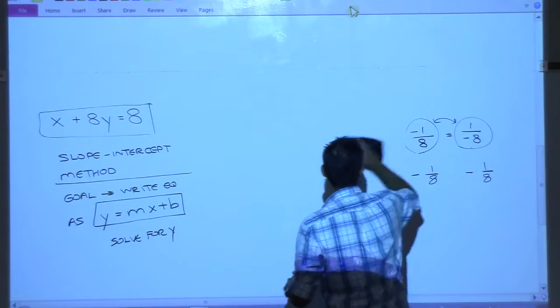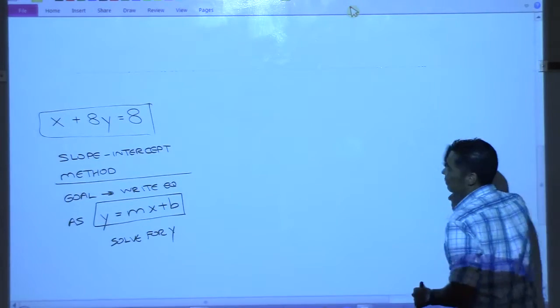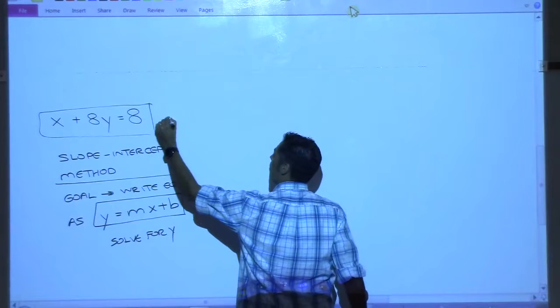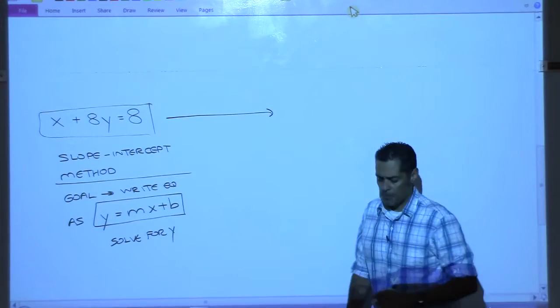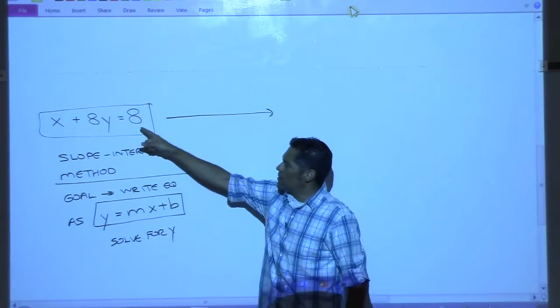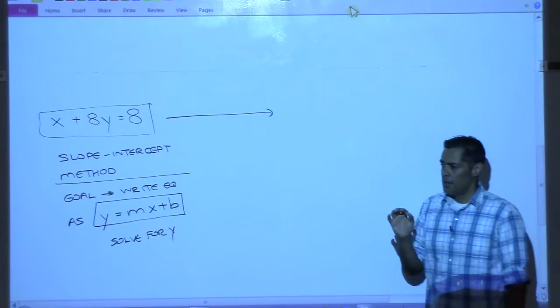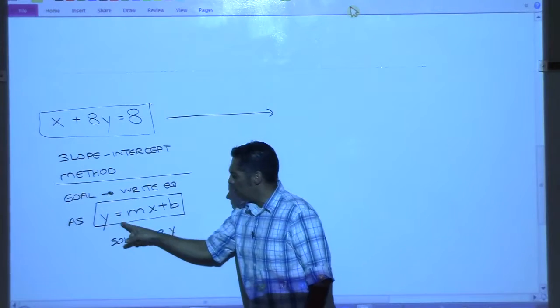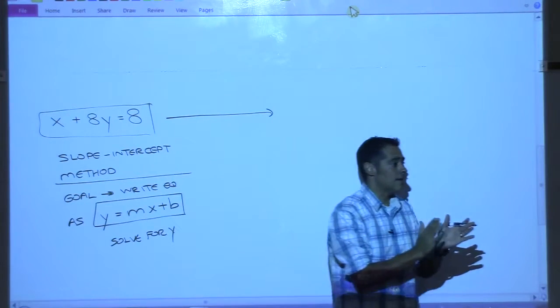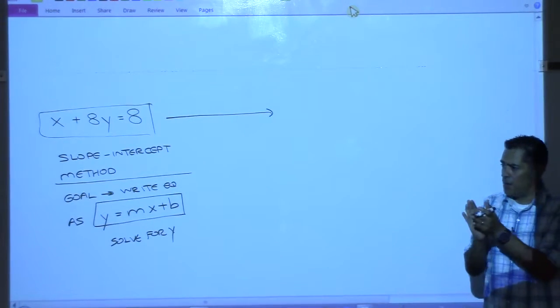So let me explain with this example we have up here. If I said to try and graph this by using the slope-intercept method, then what you will do is try and just basically take that and solve for y. Try and get y by itself on one side of the equation.